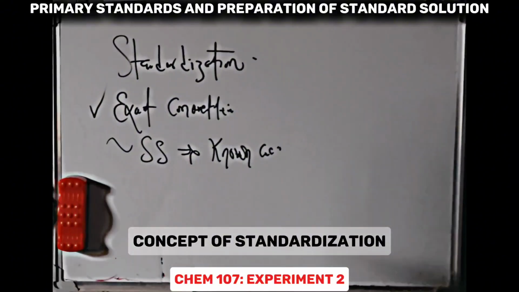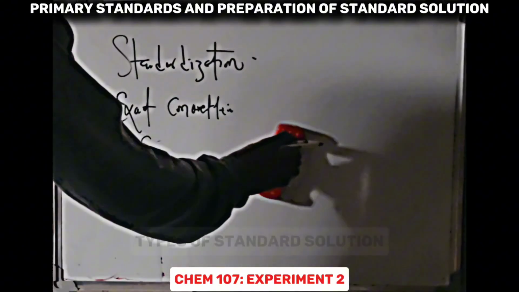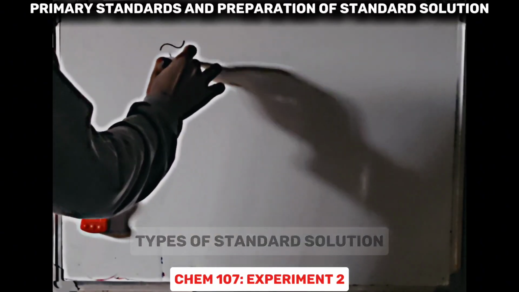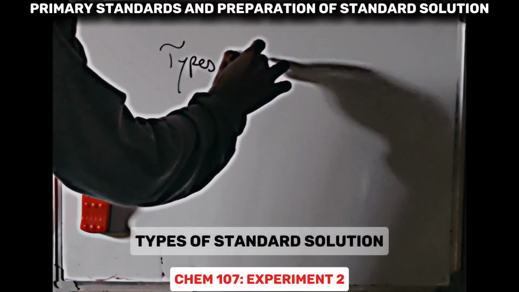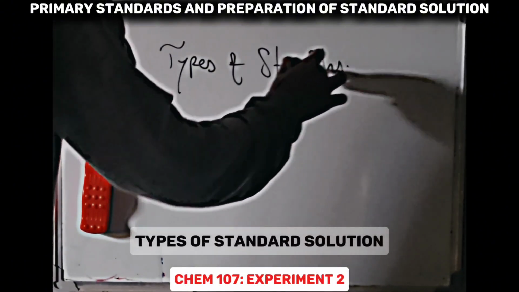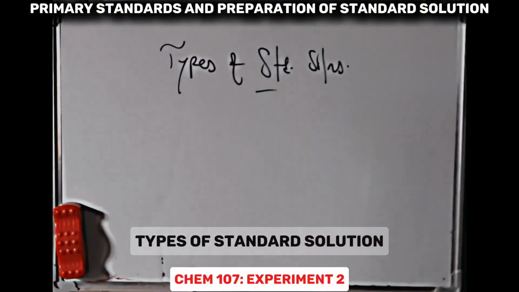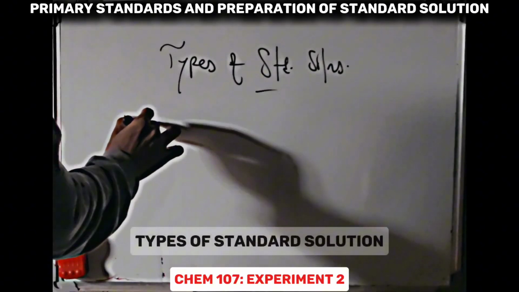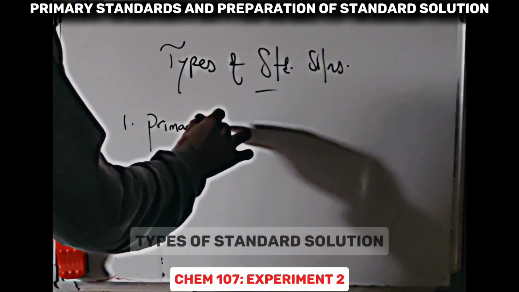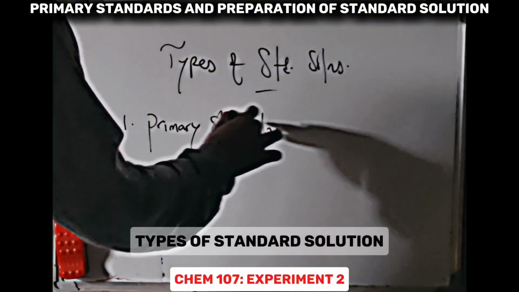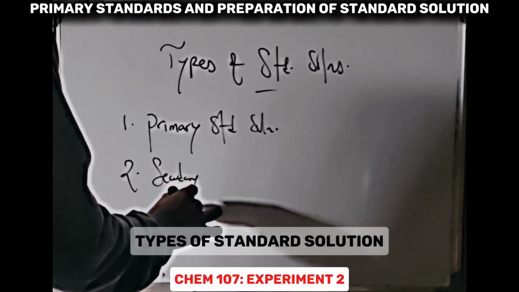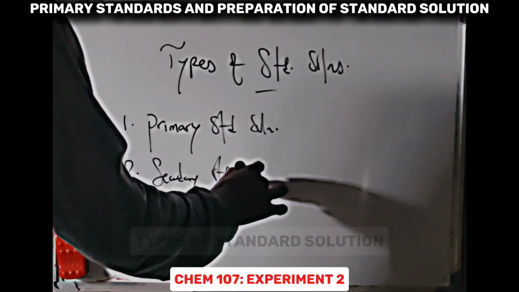So now we have types of standard solutions. You're expected to know them. We have a primary standard solution, and then we have a secondary standard solution.